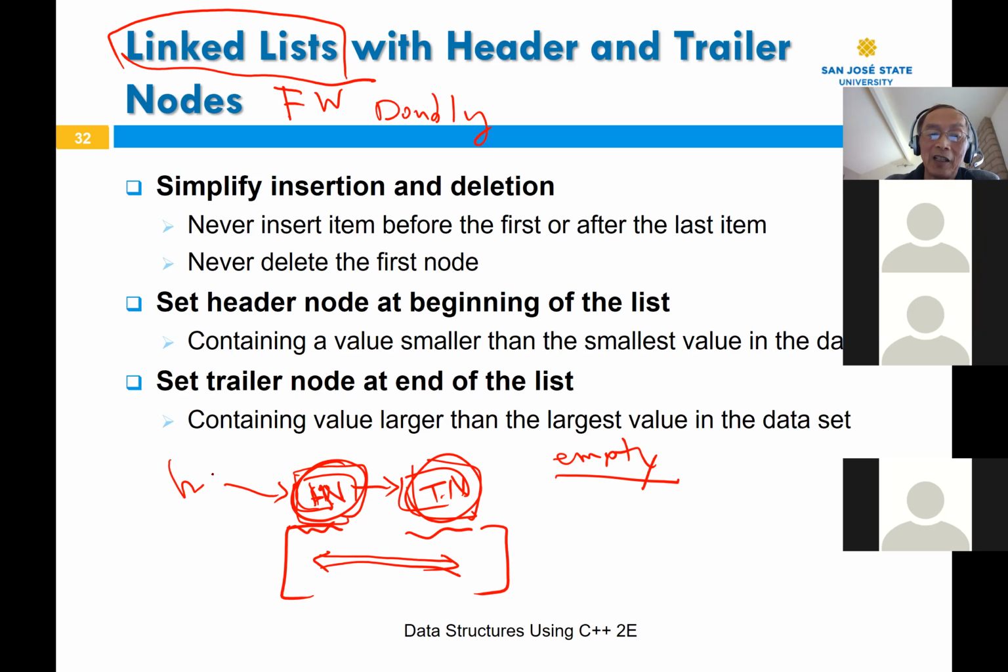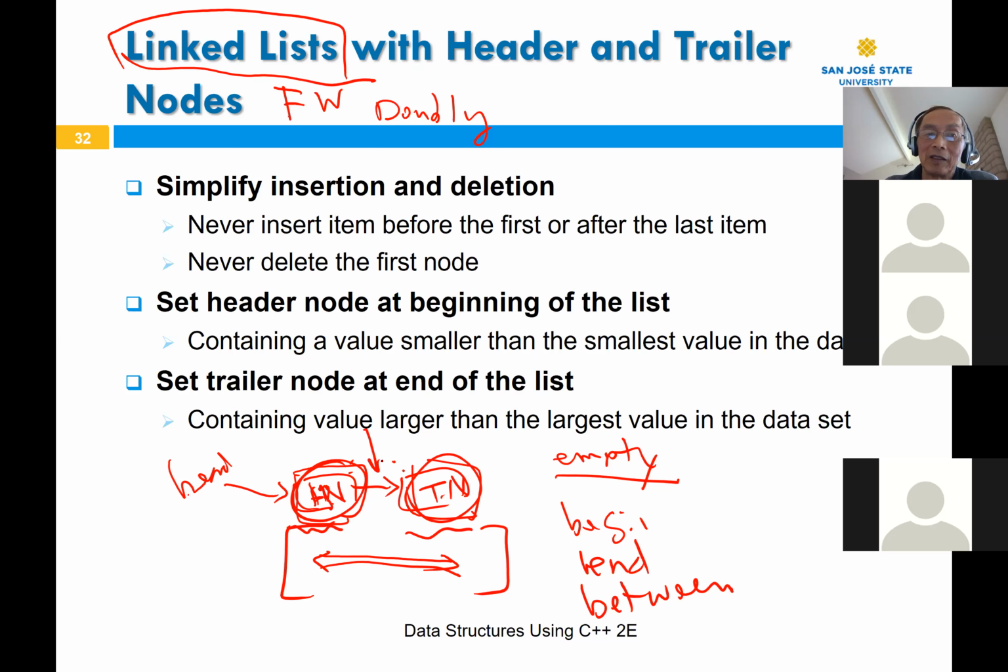The head is always pointing to the first node, so it cannot be null. And we don't have to worry about full. Well, a linked list is not full, but we also don't need to worry about insert at the beginning or insert at the end. All you have to do is insert in the middle, in between. When you do insertion, it's always in between two nodes. Make sense?